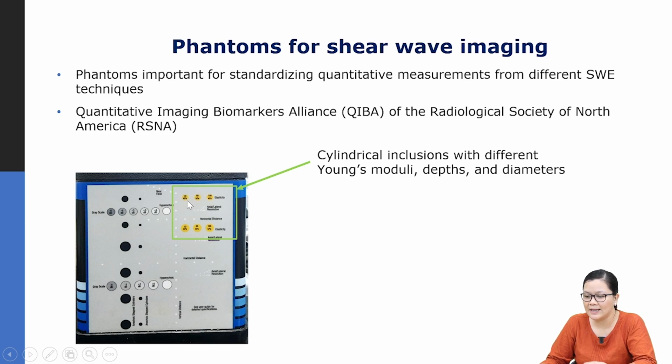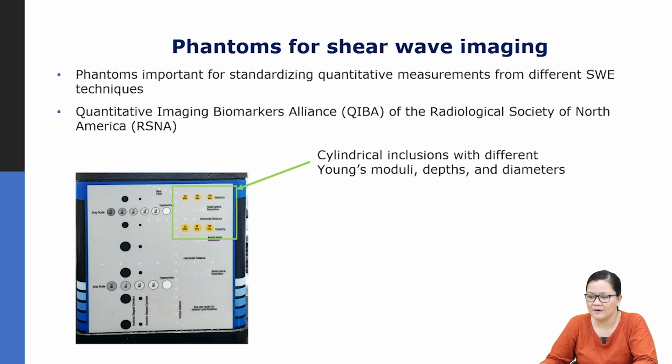You can see there's a 10 kilopascal, 60 kilopascal, and 100 kilopascal Young's modulus inclusion. And these inclusions also have different depths, so there's another set located at a deeper part of this phantom. If you take a cross section of this phantom, the cylindrical inclusions also vary in diameter.